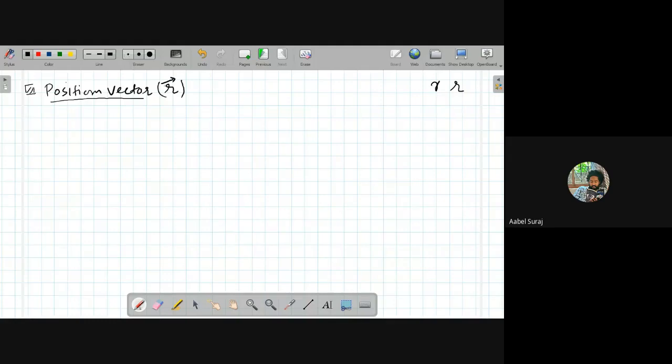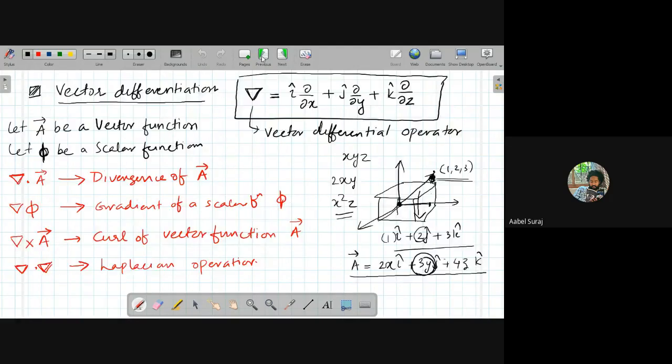I'm writing this notation. So the position vector R, in electrodynamics, is used if you want to define the position of a particular point in space. The same idea that I explained earlier applies here.